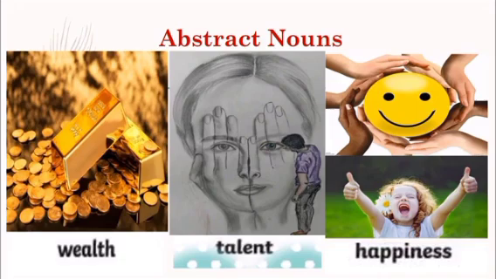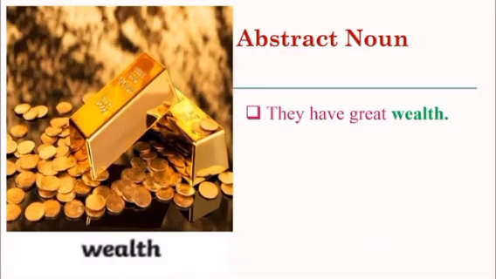Students, now we are going to frame a sentence for each picture. Students, now look at the first picture. This picture denotes wealth, right? Now let's frame a sentence. They have great wealth. In this sentence, wealth refers to abstract noun.